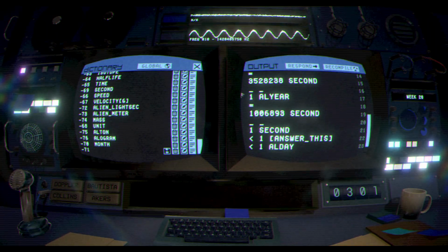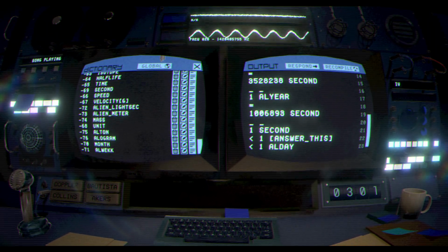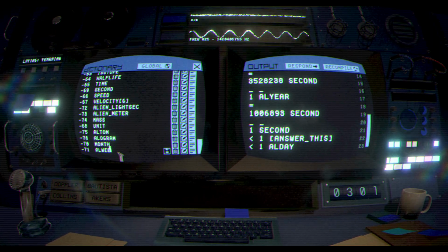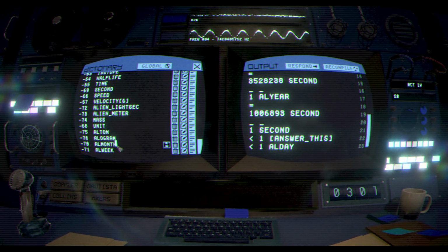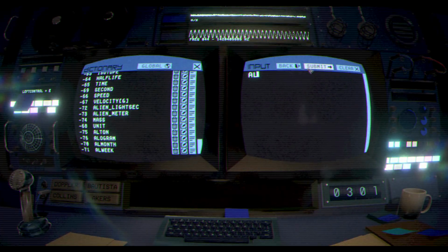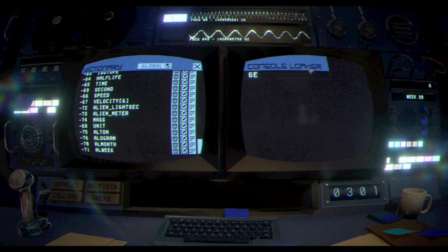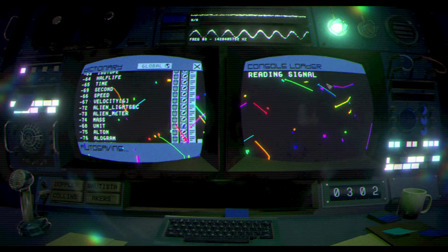So this is the, it's all semantics, but I want to get something that feels right. So this is the all week is less than the all day and greater than 1 second.